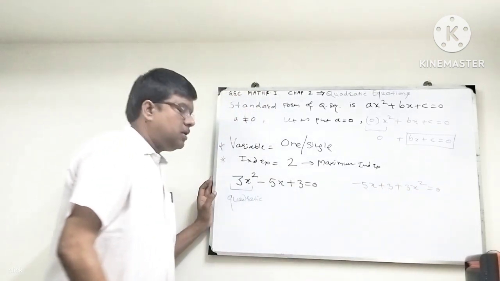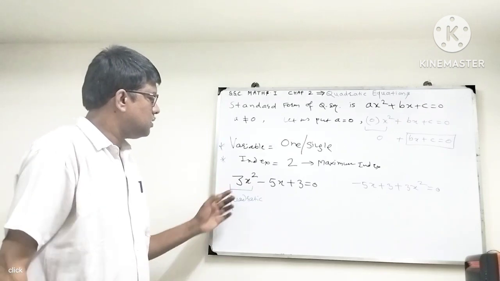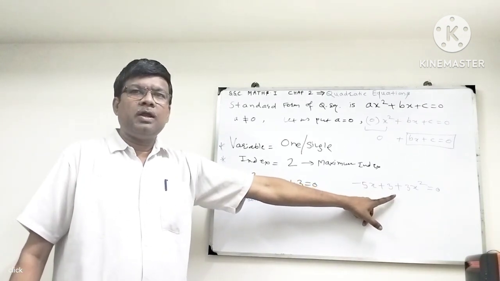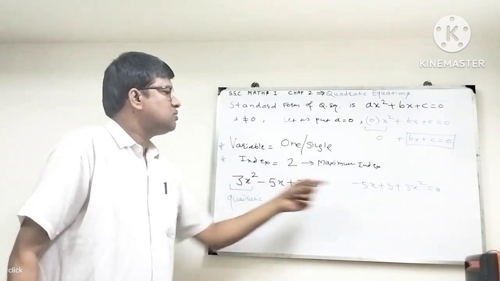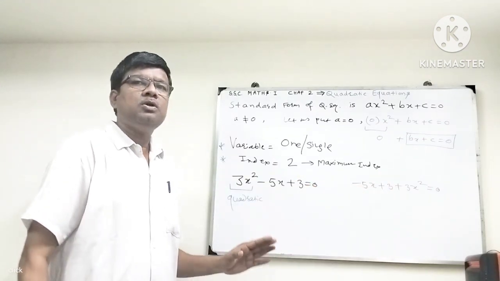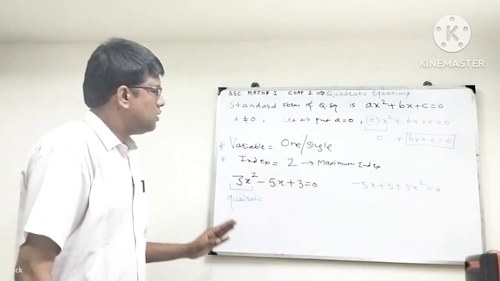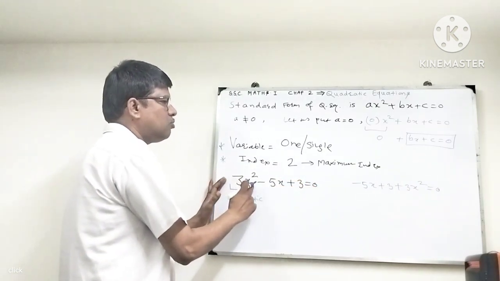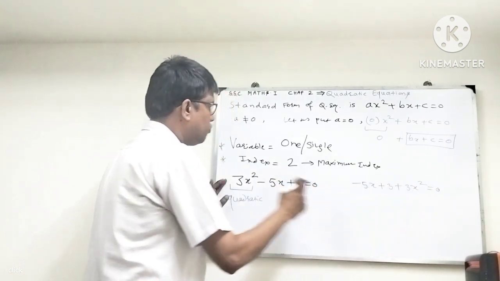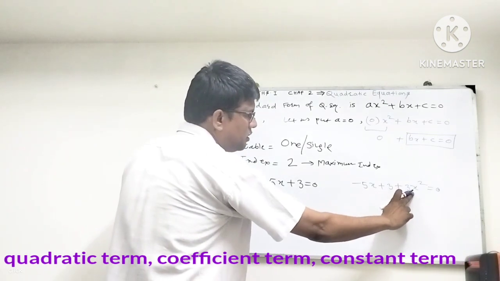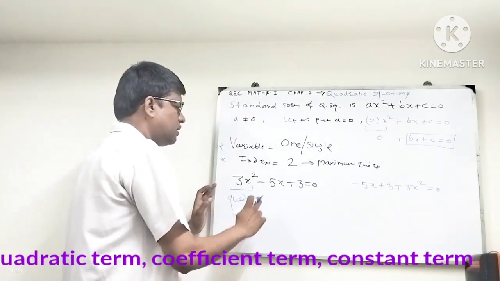What I mean to say is, some students say that this is the first term, and now in blue color I have written 3x square as the last term. Then don't give it a number, otherwise you will be confused. 3x square is a quadratic term whether it is written at the first place or at the last place, no matter.